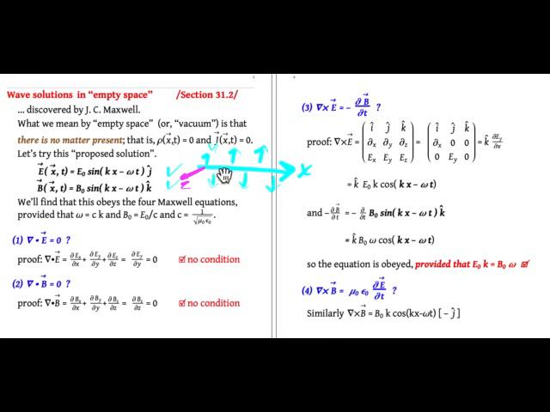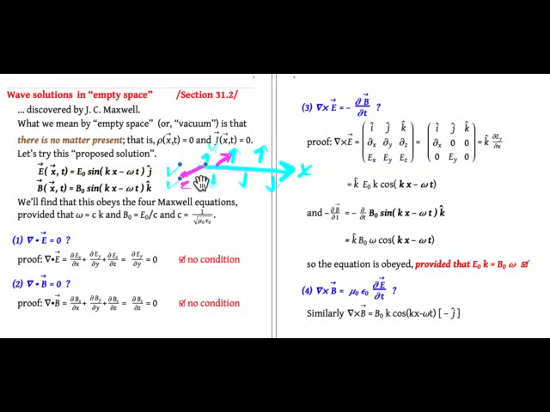Now how about here? Here the electric field points in the negative y direction, and so will the magnetic field point in the negative z direction. So here the magnetic field points in that direction. You have to sort of visualize this in three dimensions. And here the electric field points in the y direction.